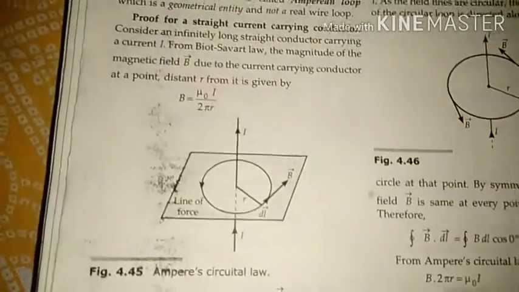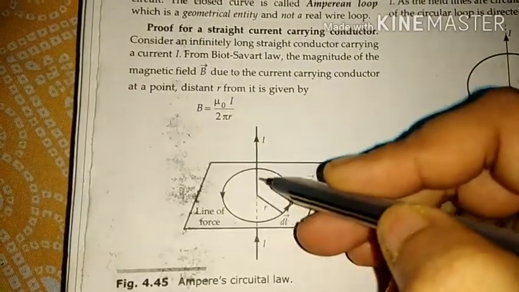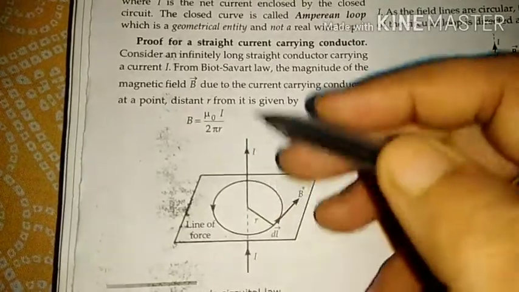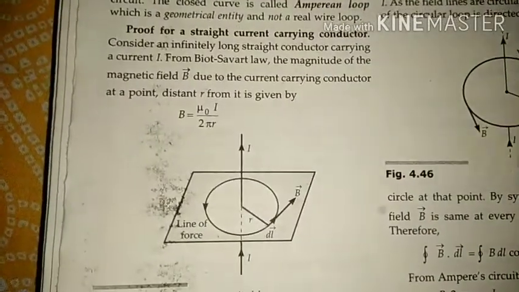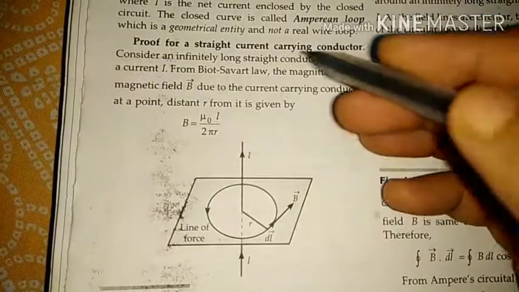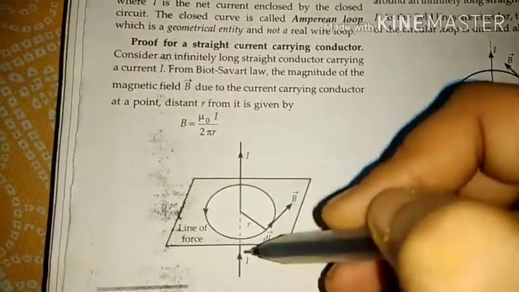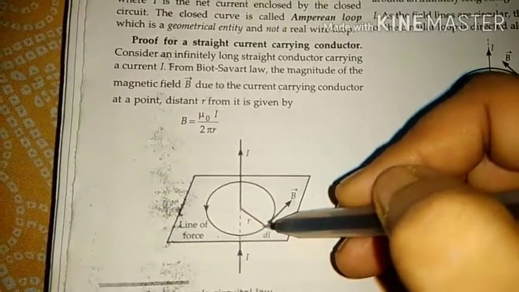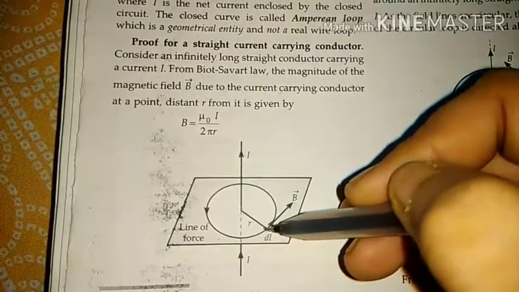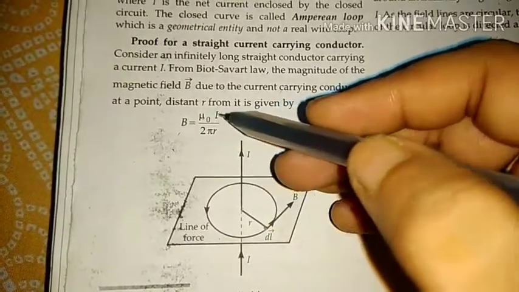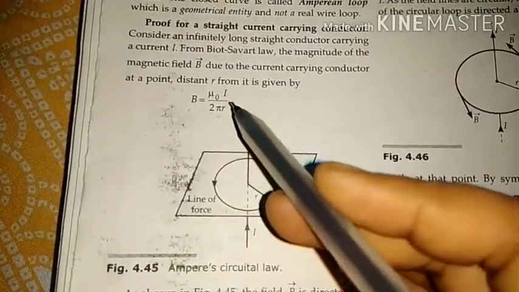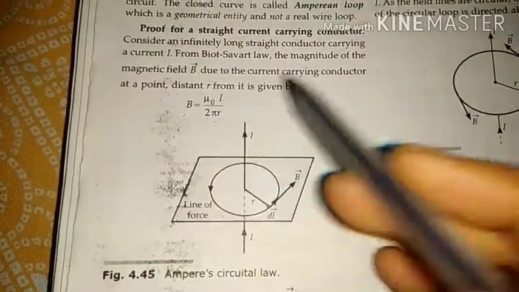For a straight current carrying conductor, suppose this is a straight conductor through which I amount of current passes. From the Biot-Savart law, the magnitude of the field B due to the current carrying conductor at a distance r, suppose any point here, will be B equals mu naught I by 2 pi r, because we know that for an infinitely long straight current carrying conductor, the magnetic field at a distance r is this one.